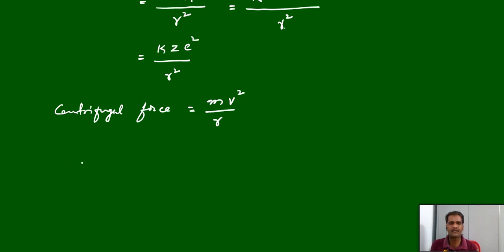Now we know that when the electron revolves in a particular orbit, the centrifugal force is equal to the centripetal force. The force of attraction is balanced. We can write centripetal force is equal to centrifugal force.